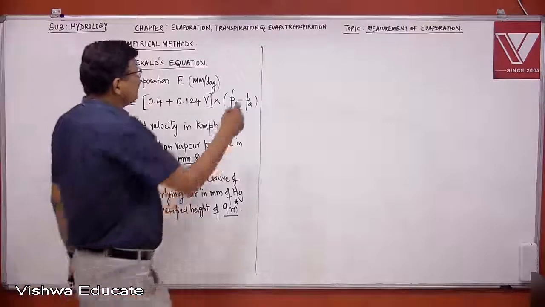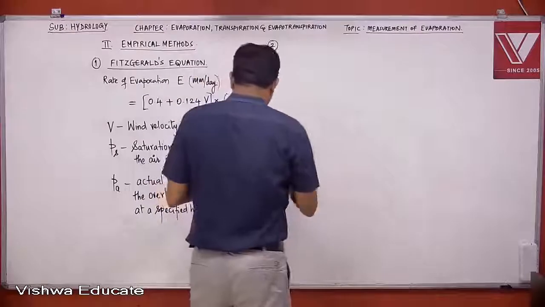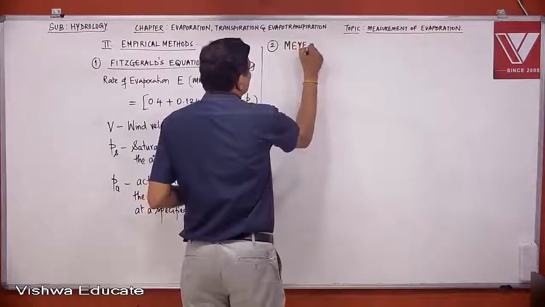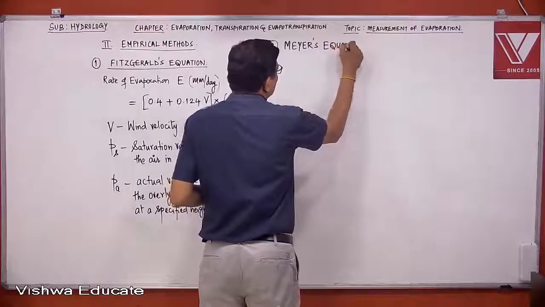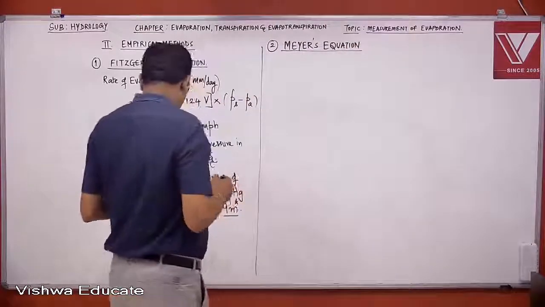The second equation is Meyer's formula. Meyer's equation for estimation of evaporation.